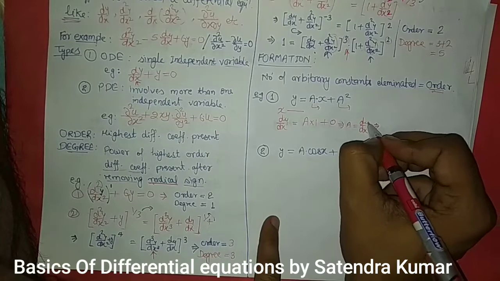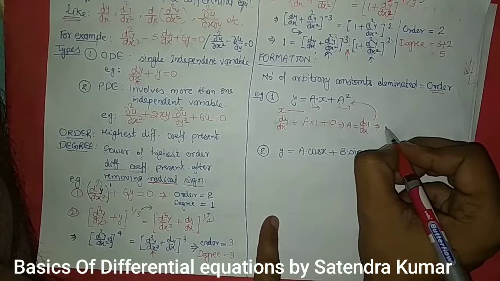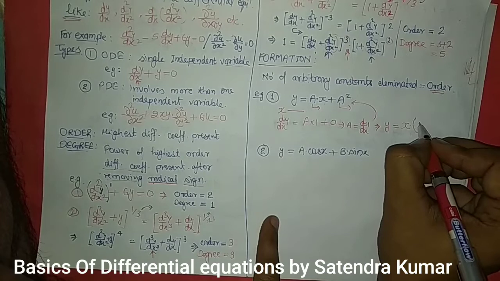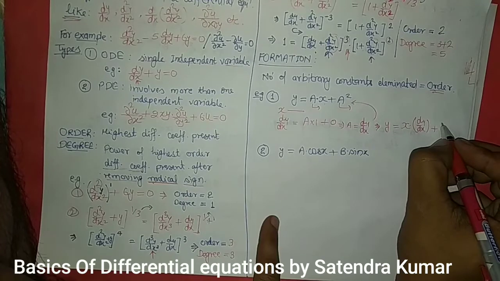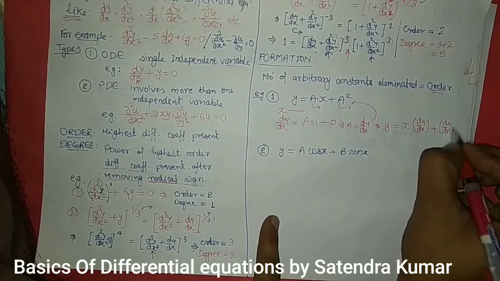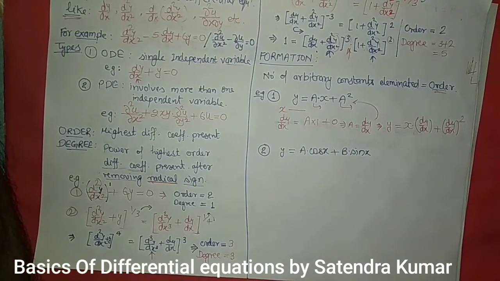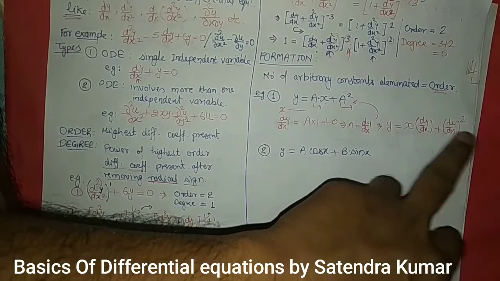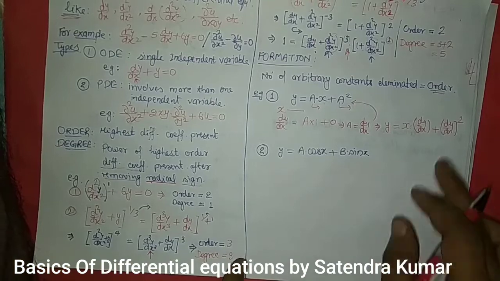So we got the value of a, so put the value of a in the given curve. So we get y is equal to x into dy/dx plus (dy/dx)^2. So this is the differential equation, an ordinary differential equation. And here we observe that the order is 1 and the degree is 2 from this term.